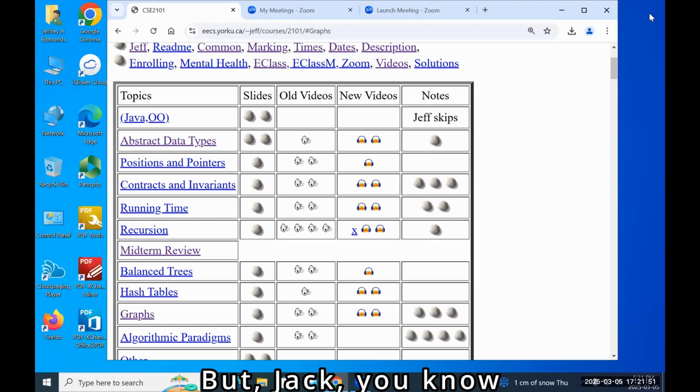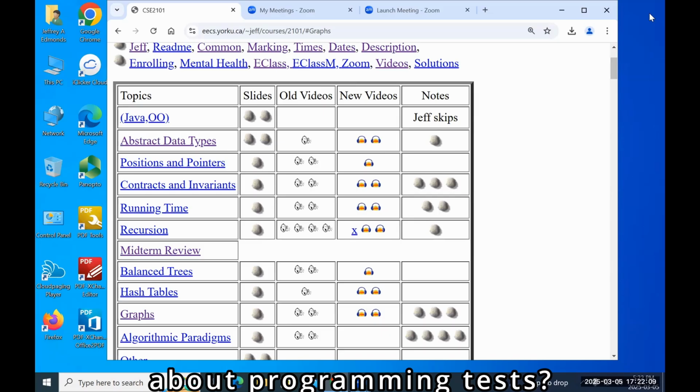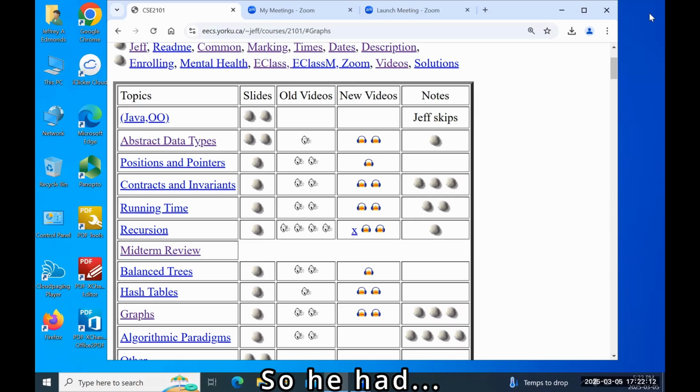But Jackie sent an email that for the written test, all accommodated students do it on March 19th. I would ignore that. Are you sure he didn't talk about programming tests? To do the programming test, you have to book a room with computers, and he has a room for all the people who get longer time.